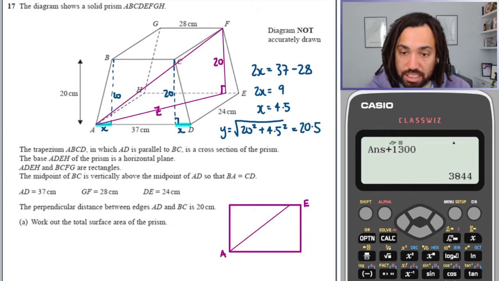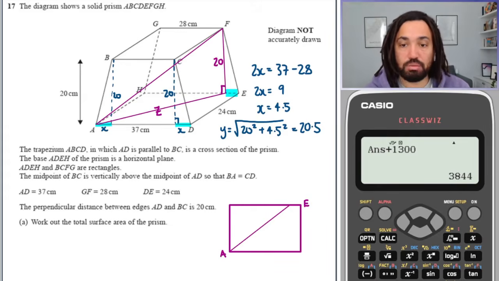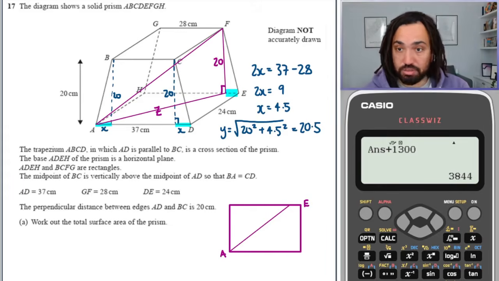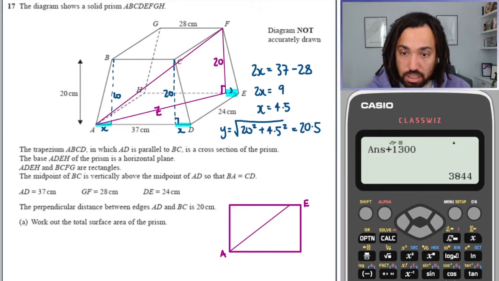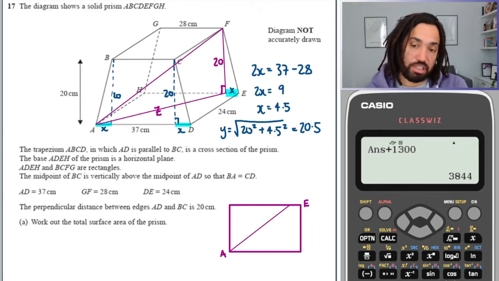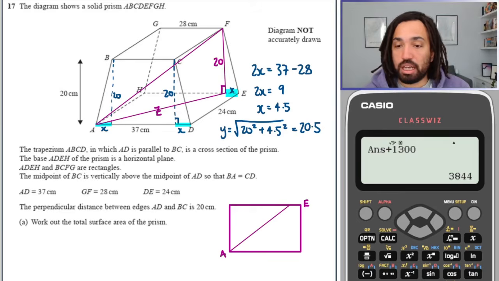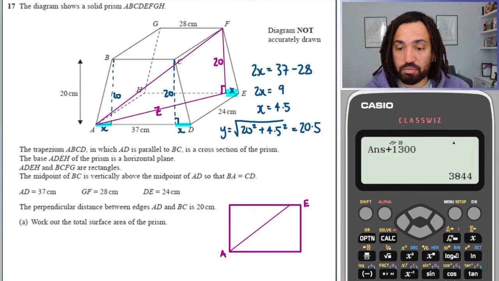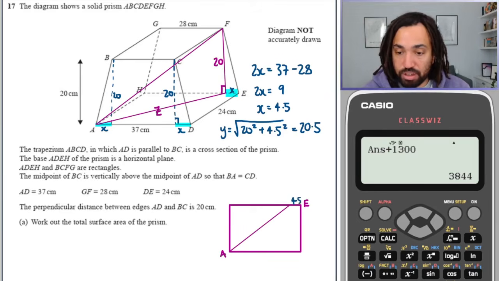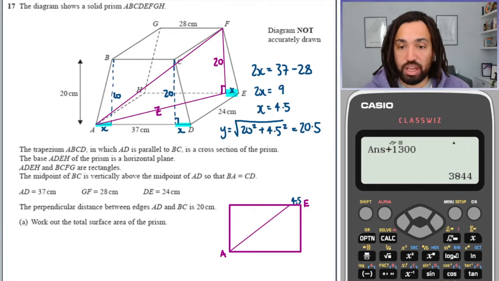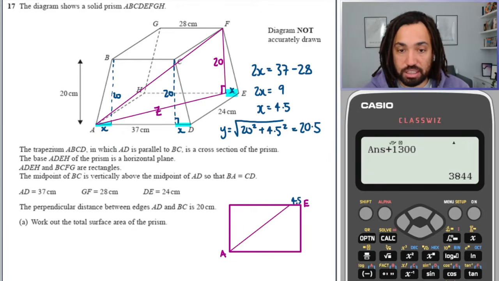Now what is that distance? How far away from E is it? Well, it's X from the previous question, because it's perfectly symmetrical on either side, and X is 4.5. So if that's 4.5 in there, then how far is it over to H on the other side?